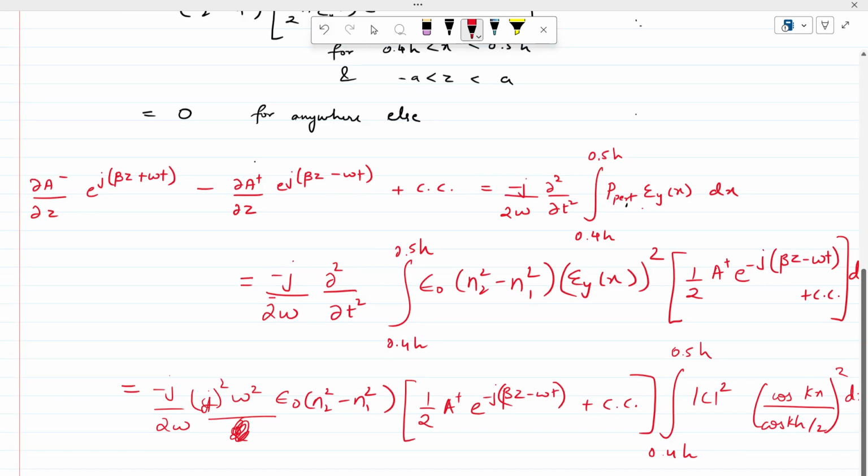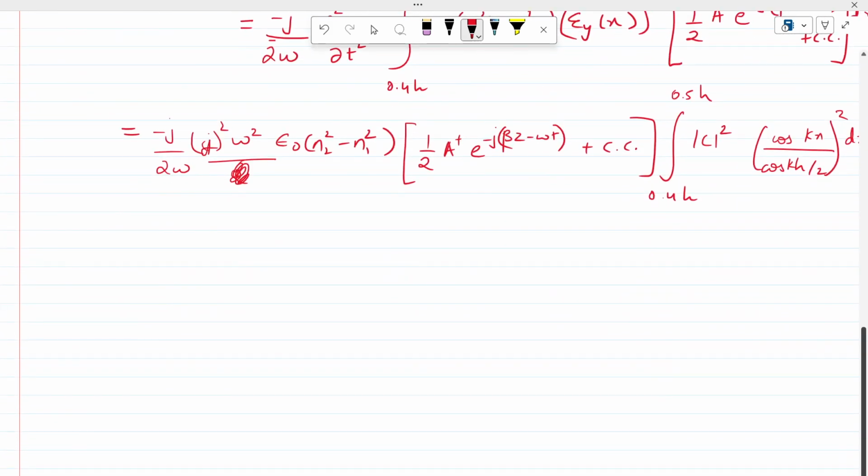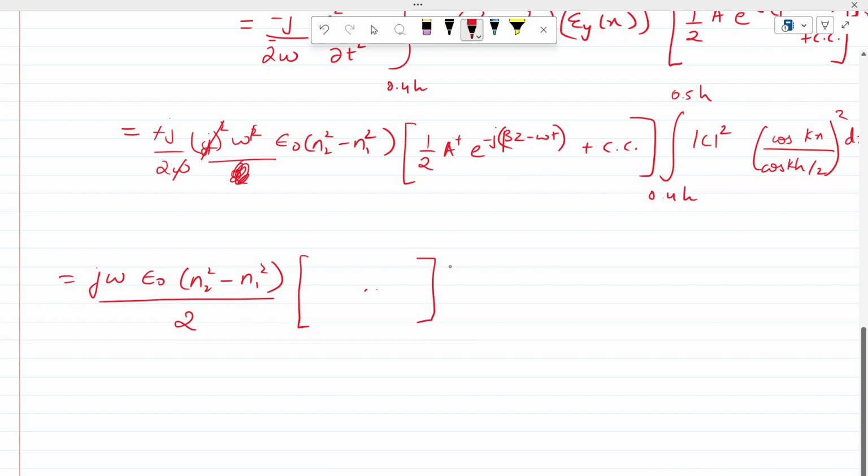So further simplifying, j square is minus 1, this minus 1 gets cancelled, omega square, so I will have j omega epsilon naught, n2 square minus n1 square, upon 2, into this term as it is, into the integral.